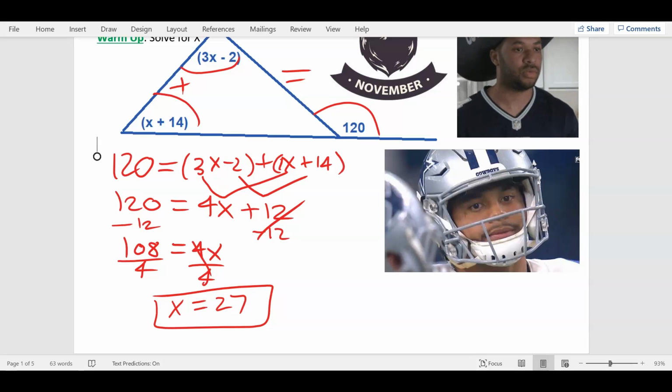Okay. Today we're moving on to medians and centroid.